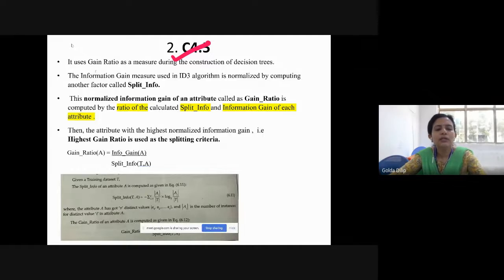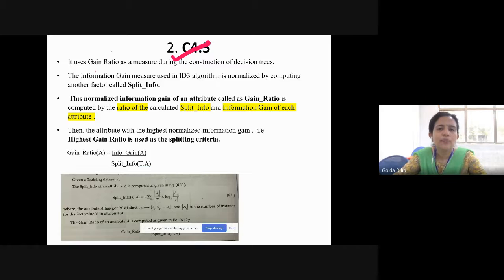Again, if you have missing values in the data set, that is, certain values are missing for the attributes, ID3 algorithm may not give you a correct answer. And there's a concept called tree pruning, cutting off the branches or removing the branches based on certain criterion. The concept of pruning is not being taken into consideration as far as your ID3 algorithm is concerned. Even during the construction or after the construction, tree pruning is not at all being done. So it is definitely prone to outliers.